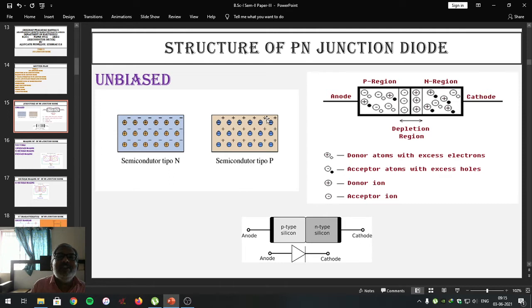To formulate or to study the structure of PN junction diode, we are considering N type as well as the P type of semiconductor. Both the semiconductors are heated in a furnace at about 1200 degrees centigrade.